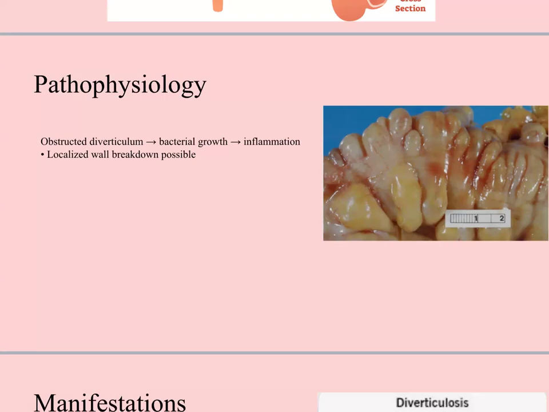Working as an ER nurse, I've seen a lot of diverticulitis. A lot of times when people come to the ER and they think that they have something really extreme with their abdomen, it's just mild diverticulitis. I don't mean to make light of it, but a lot of times it's not an emergency. It just depends on how extensive it is.